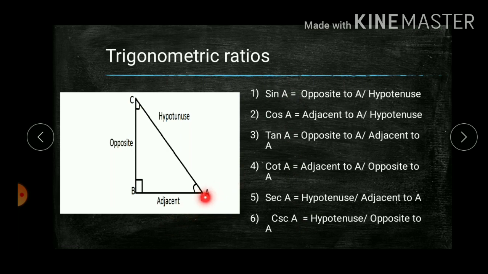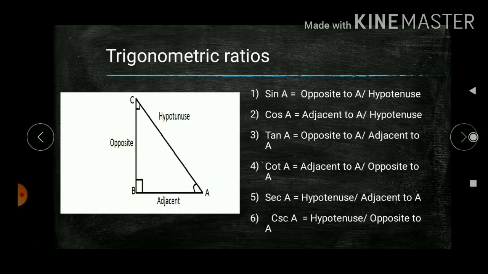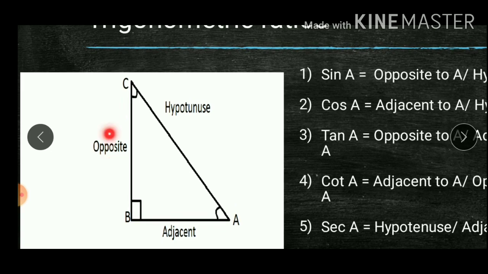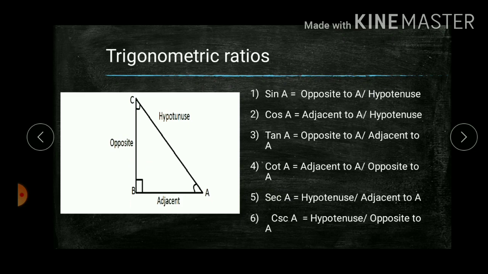Here is A, so the angle is theta. Then what is opposite to theta, this angle A? One minute, I will drag it. This side is opposite. Why is this side opposite? Because A is here, so this side is opposite.